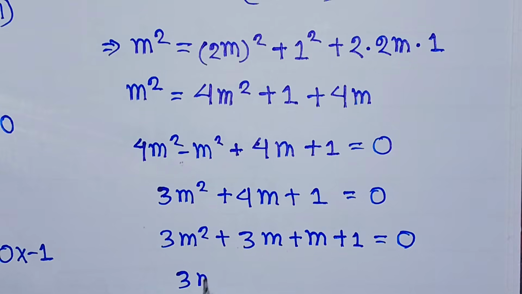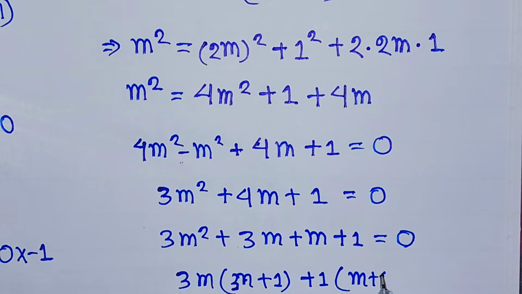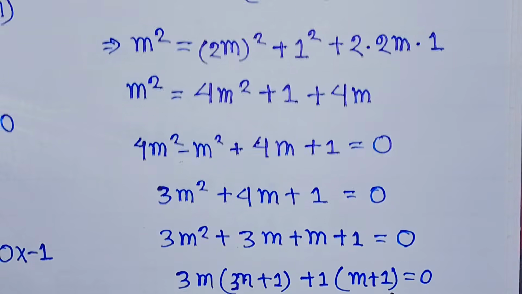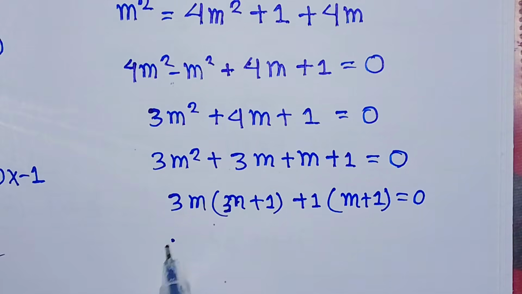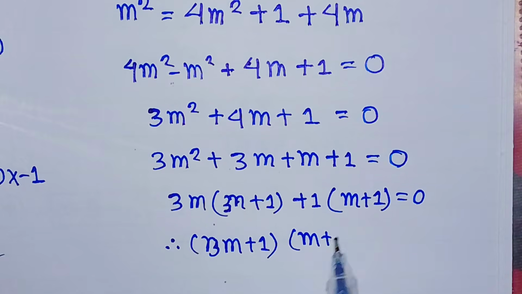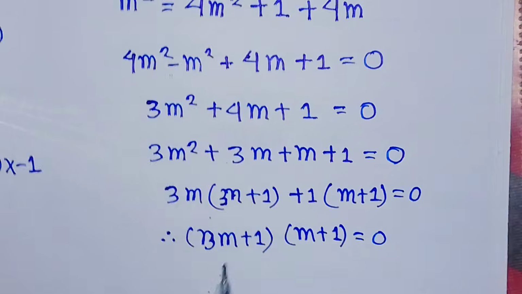After that we can take 3m as common from the equation, then we'll get 3m(m + 1) + 1(m + 1) is equal to 0. So from here we can write (3m + 1) times (m + 1) is equal to 0.